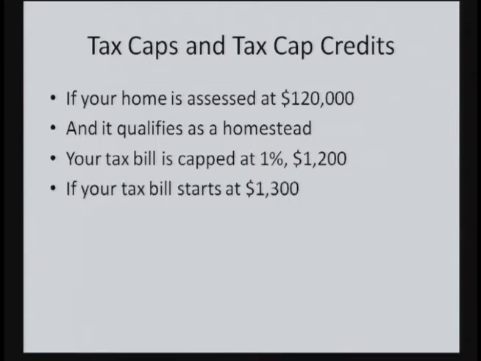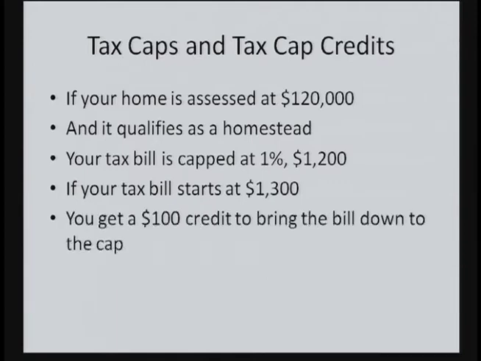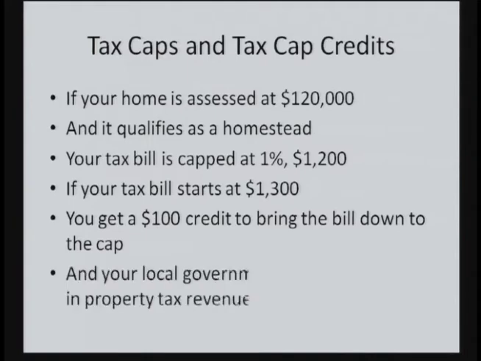If your tax bill actually came in at $1,300, if the tax rate times your taxable assessed value produced a bill that was higher than that tax cap, you would get a tax credit of $100 to bring the bill down to the cap. That $100 of property taxes that you don't pay is revenue loss for your local government. Your local governments would receive $100 less in property tax revenues, and that $100 in losses would be divvied up among the county and the townships and the cities and towns and the school corporation, the library district, and the other local governments in which you live.